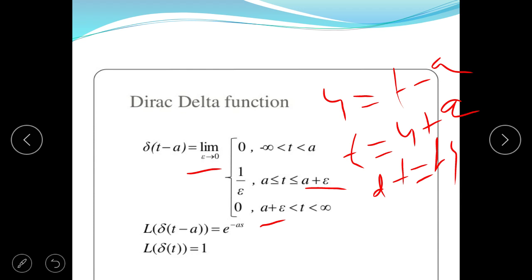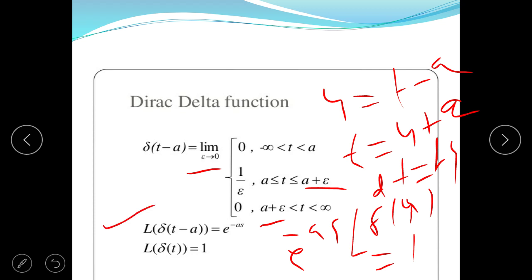So Laplace of e to the power minus as and Laplace of del u is equal to 1. Then our response is Laplace of del(t minus a) is equal to e to the power minus as.